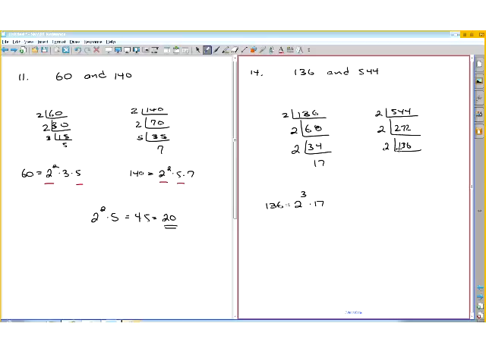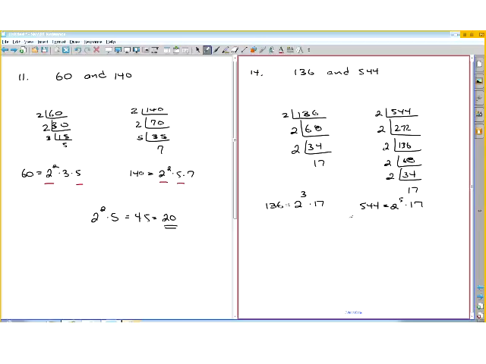I get 68. Still even, so I can divide it by 2 again. I get 34. Still even, so I can divide it by 2 again, and I get 17. So 544 is equal to, I got 5 2s, so it's 2 to the 5th power times 17.